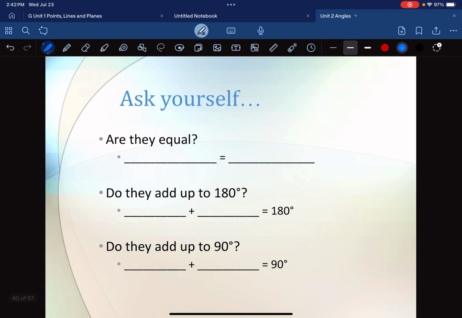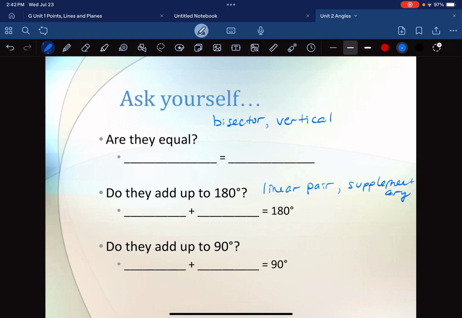So what you want to do is ask yourself every time, are the angles equal? And in that case, it's because maybe it's a bisector. Maybe they're vertical. And in both situations, the angles would be equal. Do they add up to 180? Well, you're going to see things like linear pair, or they might tell you they're supplementary.